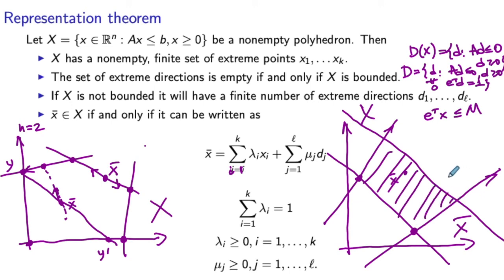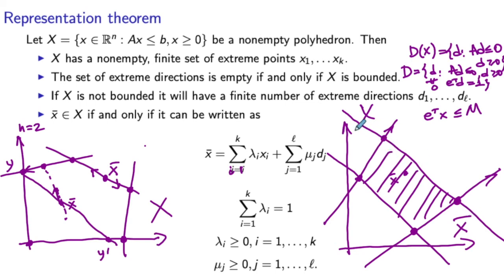Alright, so it adds a couple of new extreme points, as you see, and these extreme points will actually correspond to extreme directions of our original set X. And now we essentially reduce this case to the previous one where we had the bounded polyhedron. So now x bar can be represented as a convex combination of the extreme points of our bounded polyhedron, X bar here, X bar capital.